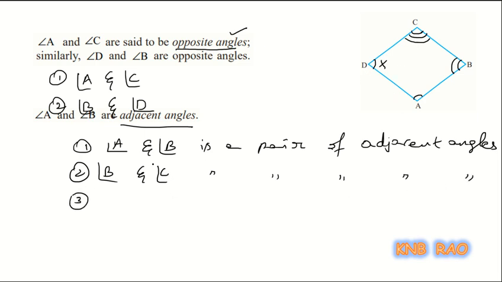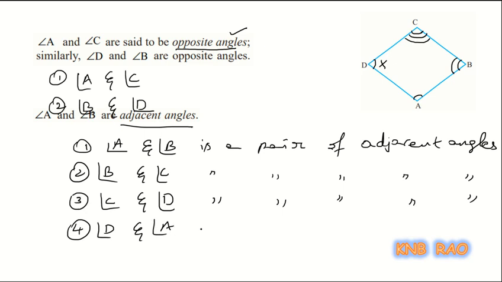Angle C and angle D is a third pair of adjacent angles, and angle D and angle A being the last and fourth pair of adjacent angles. So totally I have got 4 pairs of adjacent angles and 2 pairs of opposite angles.